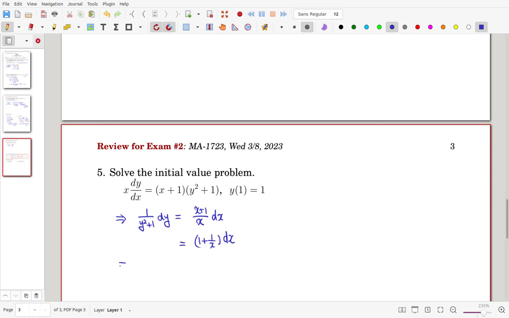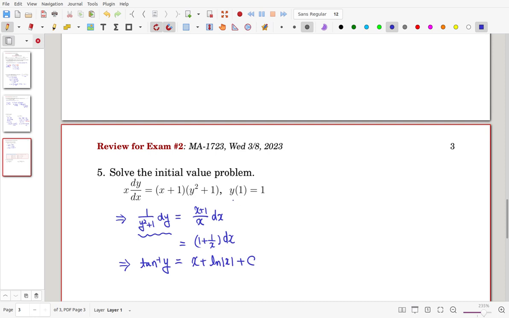So we apply integration. If you integrate with respect to y the function 1 over 1 plus y squared, that is arctangent, the inverse tangent of y. On the right side, the antiderivative of 1 is x, and the antiderivative of 1 over x is the natural logarithm of the absolute value of x, plus c.